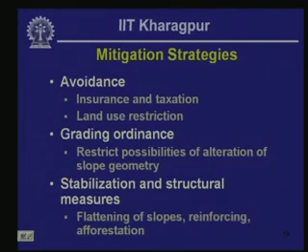Then many jurisdictions enact grading ordinances which restrict the alteration of slopes or performing excavation near a particular slope. You can also have stabilization or structural measures such as flattening of slopes, reinforcing of slopes, and installing forest cover in an area to avoid possible landslide instabilities.